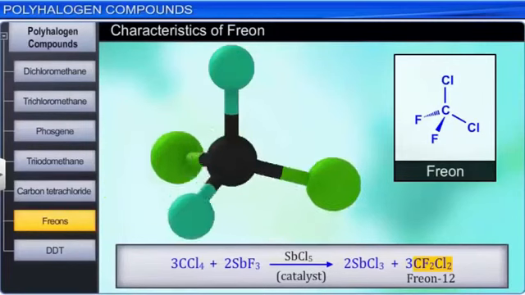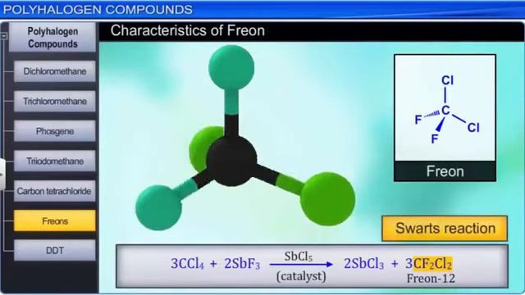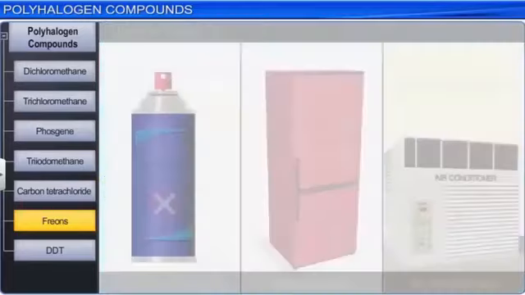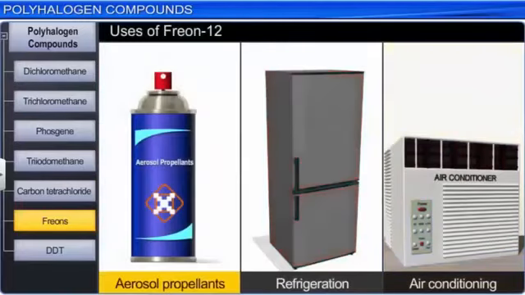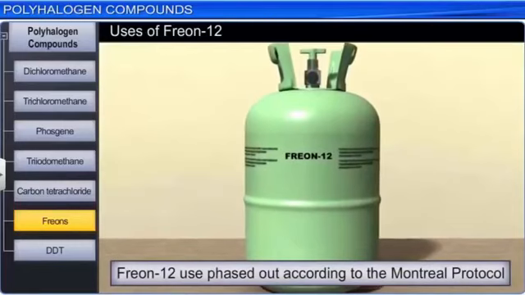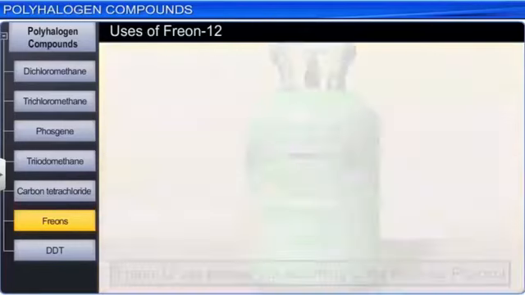It is manufactured from carbon tetrachloride by the Schwarz reaction. Former uses of Freon 12 included aerosol propellants, refrigeration, and air conditioning. Since 1994, the use of Freon 12 is being phased out according to the Montreal Protocol due to environmental concerns. Freon 12 and other chlorofluorocarbons are known to initiate radical chain reactions that lead to the destruction of the ozone layer.